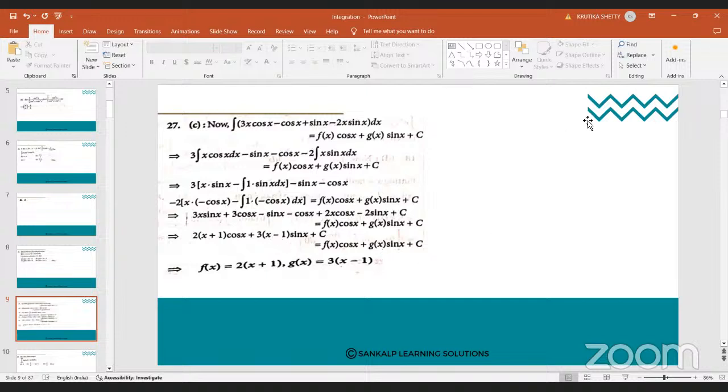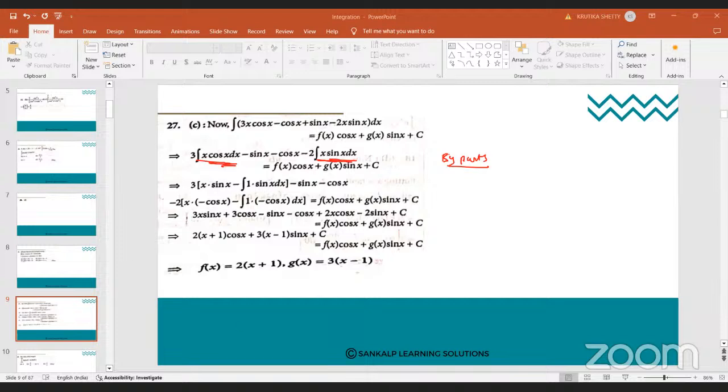So you need to make use of the by parts rule. We have applied the by parts rule twice here: once to solve the integration of x cos x dx, and then to solve the integration of x sin x dx.